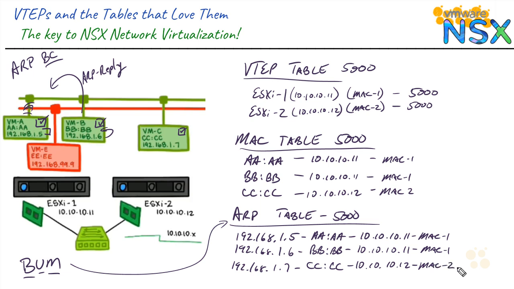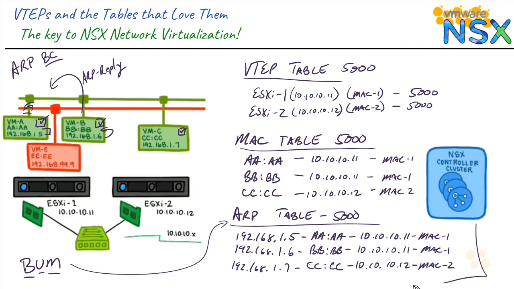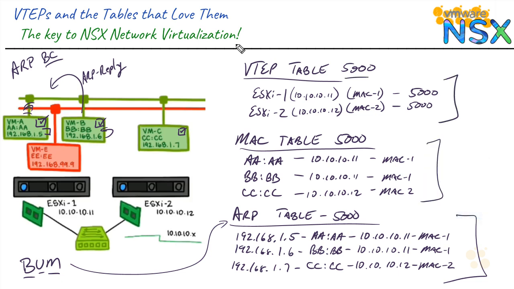So later when these ARP requests come in from one VM to another, instead of having to forward the ARP request as a broadcast throughout the network, we can quickly resolve that from the local ARP table, which is shared through the process of broadcast or through a central lookup against the control cluster nodes. So with these three tables, we now have the tools to connect our hosts, to connect our VMs, and to speed up the process of ARP communication, reducing broadcast traffic in the network.